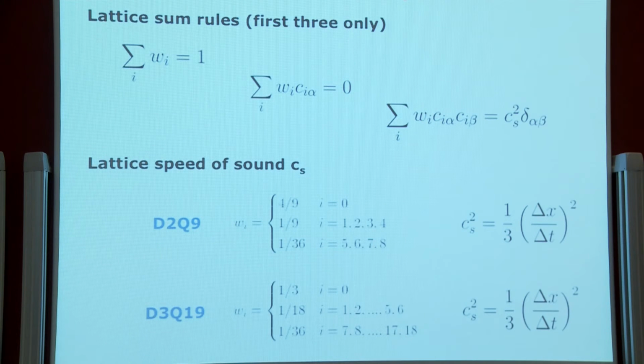So once you have chosen the lattice, you know how to compute the moments: rho, j, the stress tensor, and so on. But you need to evolve these populations in order to predict the evolution of the moments.